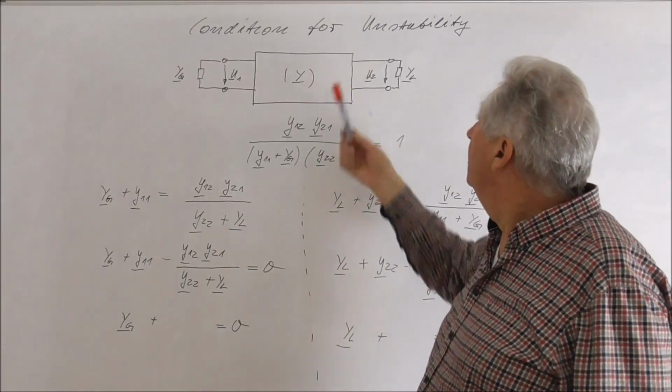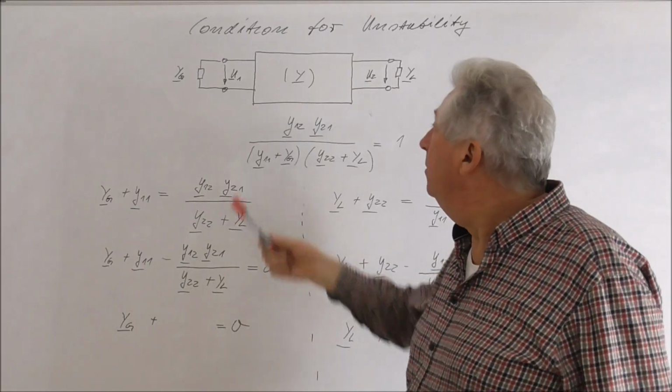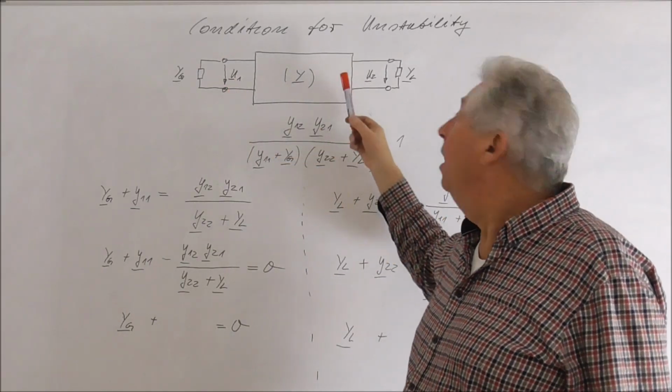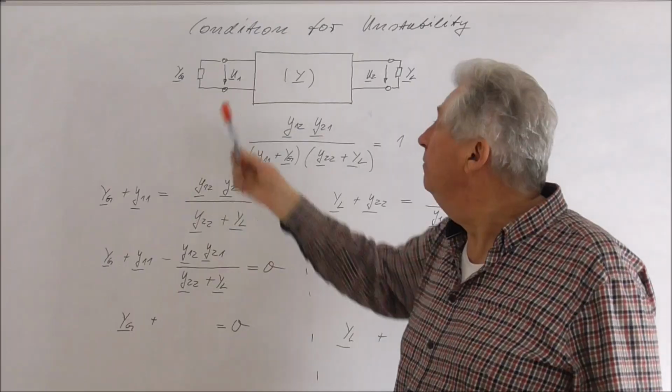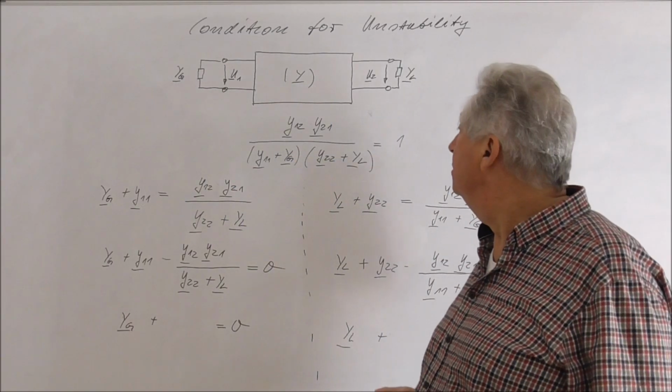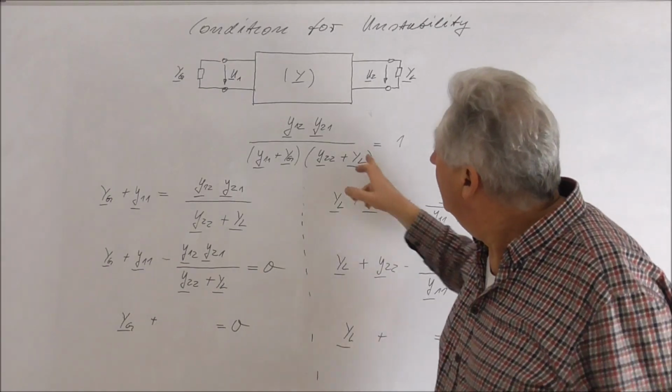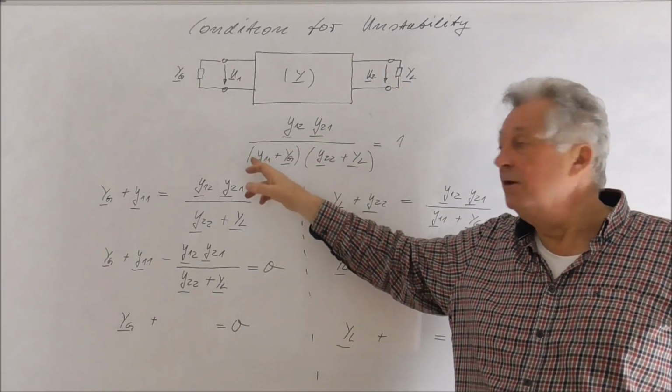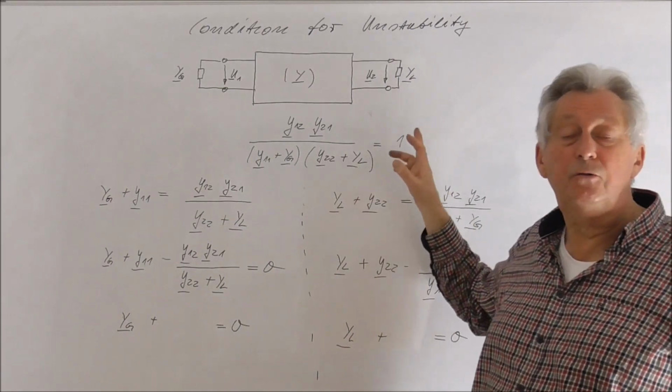And we saw that if this system is unstable, the voltages U1 and U2 must exist, even though we do not feed any voltage into the system. And we found that under these circumstances, this equation holds true.